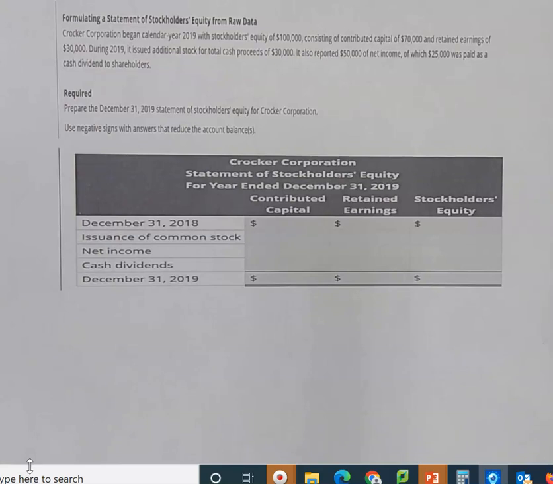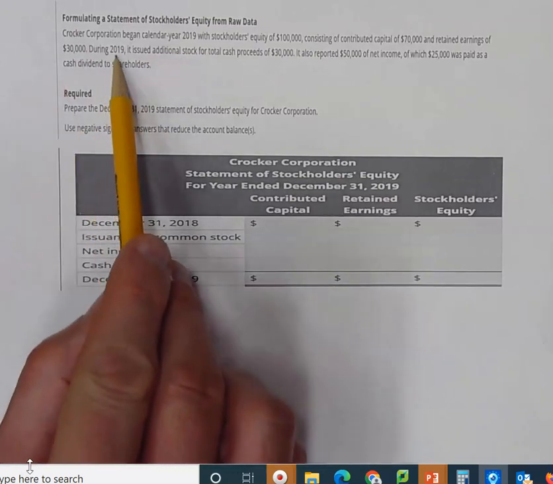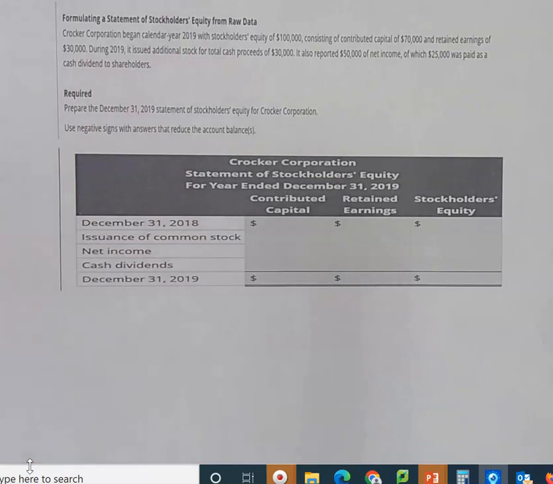And then it says further information. It says during 2019 it issued additional stock for total cash proceeds of $30,000. It also reported $50,000 of net income, of which $25,000 was paid as a cash dividend to shareholders.